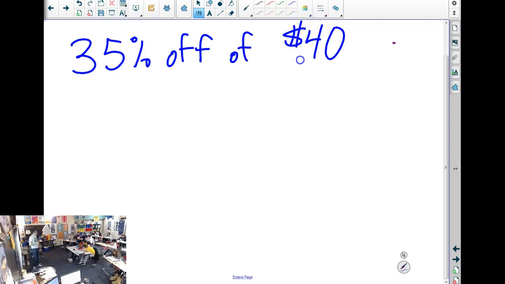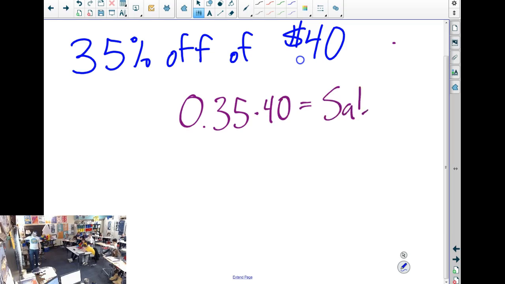Now Isaiah has been having a math class about scaling quantities, and he's like, yeah, we can just do 0.35 times 40, and I'll get my new price. Oh, but alas, it's not going to... Don't write that down.